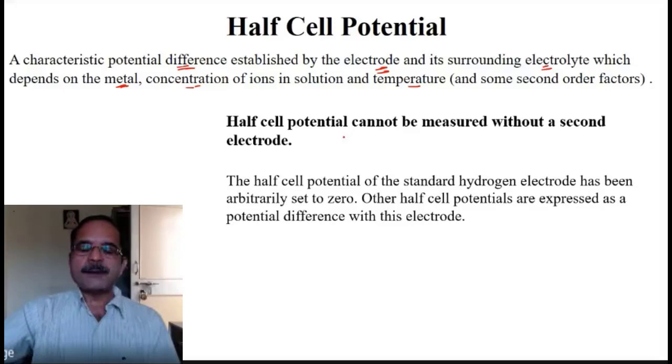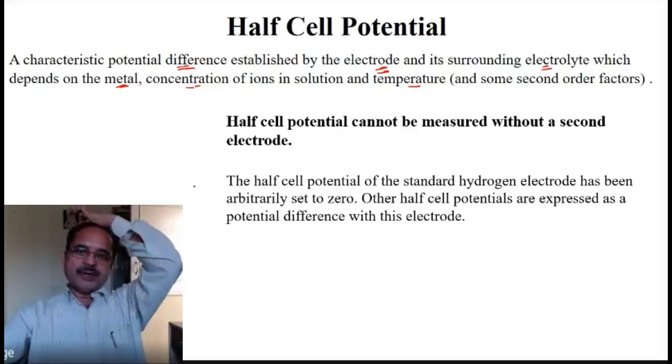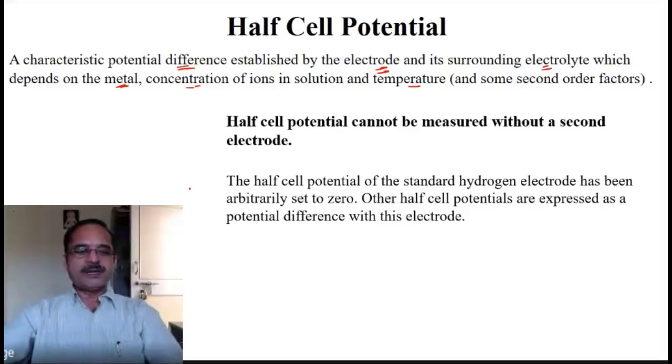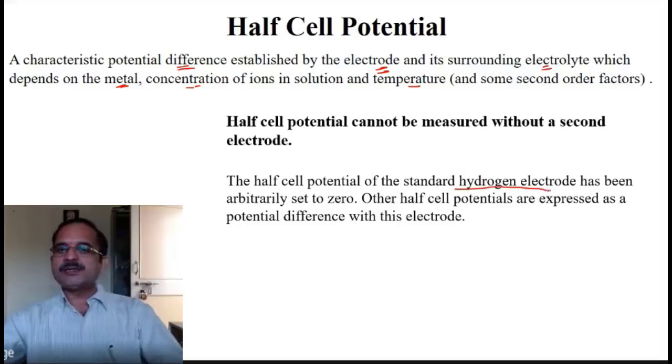Now this half cell potential, as we have studied in electronics engineering, potential is always measured with reference to some other potential. In this case, the hydrogen electrode is taken as the reference, and the potential of the hydrogen electrode is assumed to be 0.